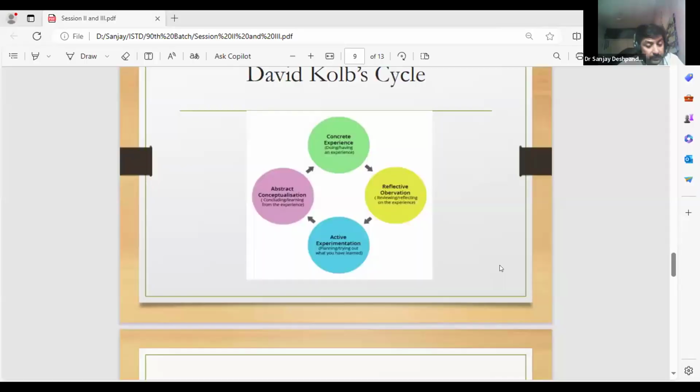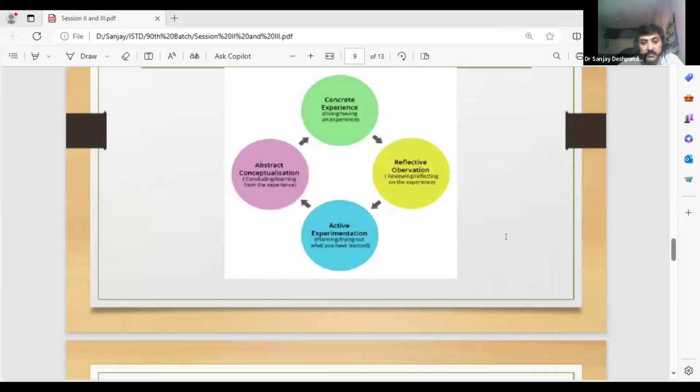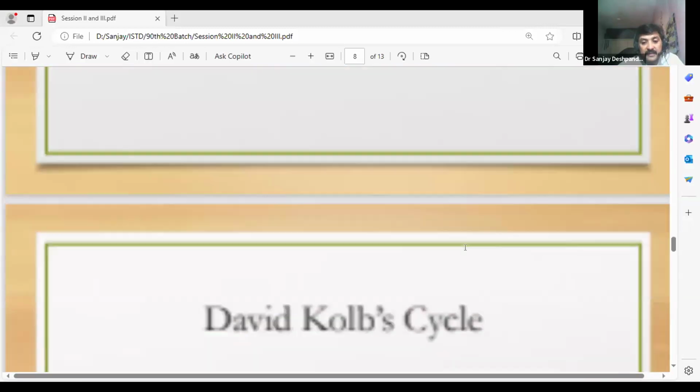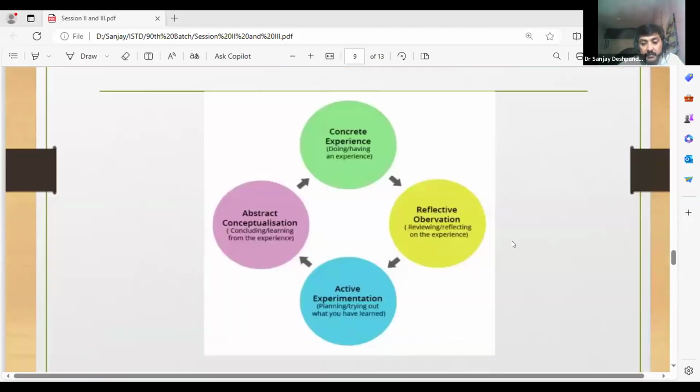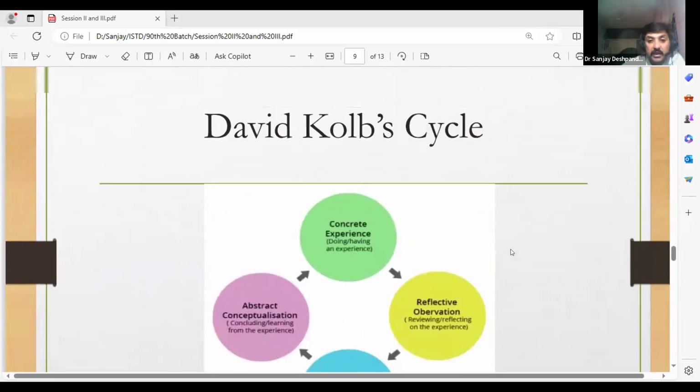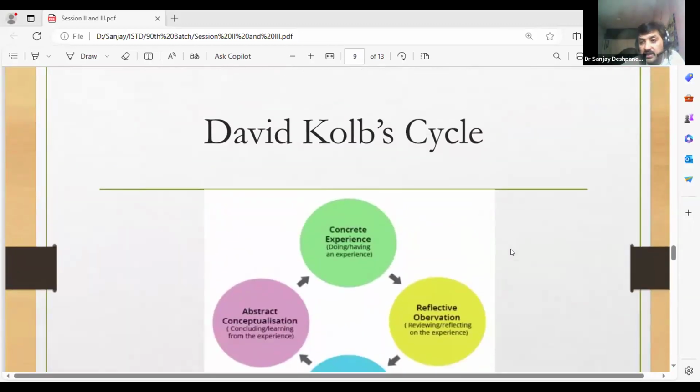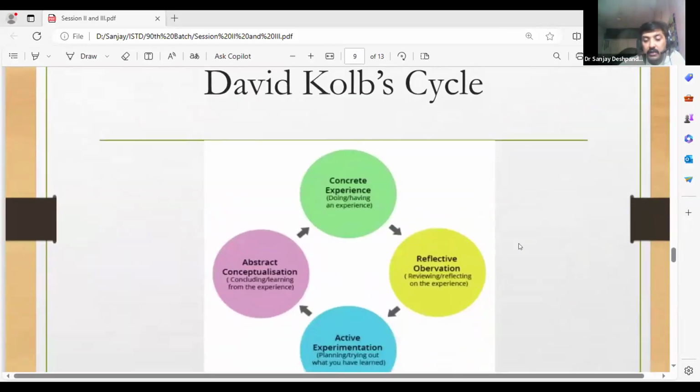So here is an exercise that all of you will have to work on. Have a look at this diagram. This is called David Kolb's learning cycle.